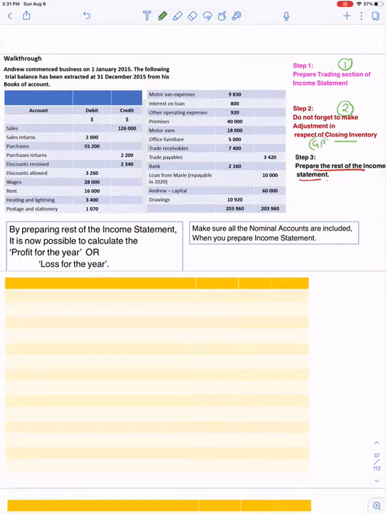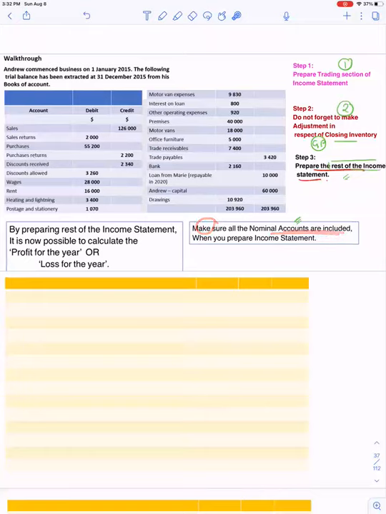After you arrive at the gross profit, we would take into account the remaining nominal accounts and prepare the rest of the income statements. After you prepare the rest of the income statement, always make sure that all the nominal accounts are included.